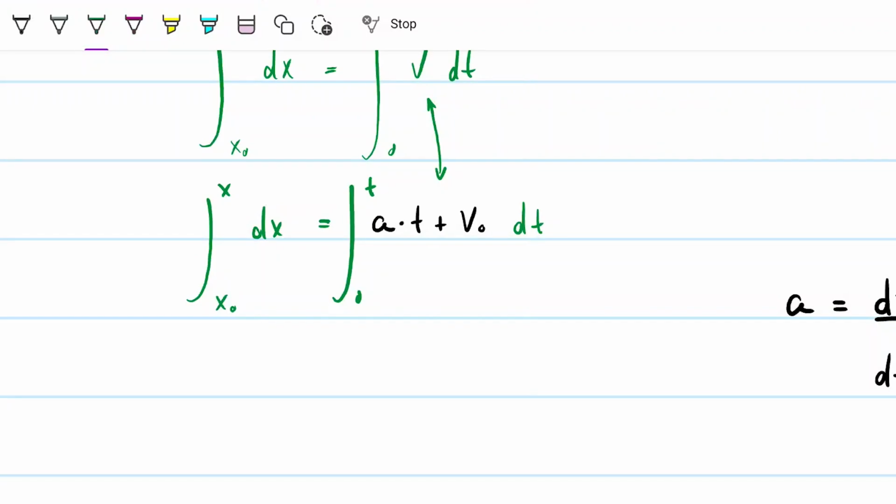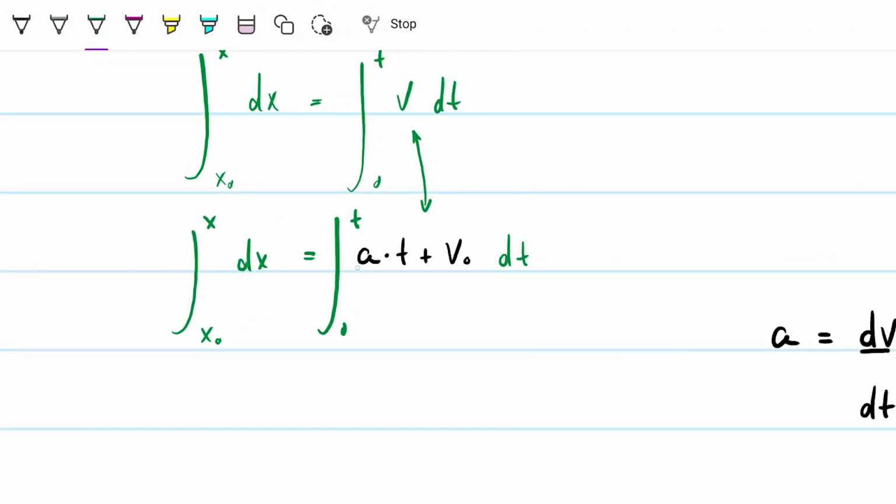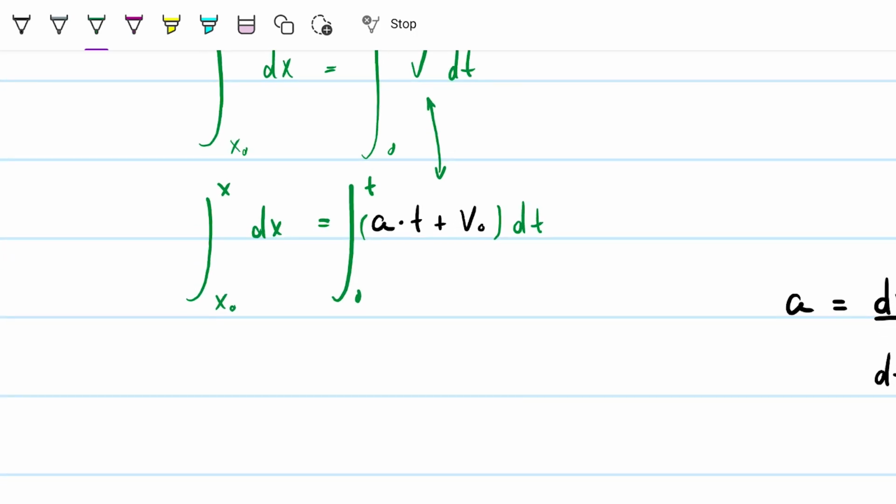Okay, and now this integral is simple to do. Note that we're now multiplying the sum here by dt, so we're going to have to expand on this. On the left-hand side, this is just going to be x minus x naught. And on the right-hand side, I'm going to have the integral from 0 to t of a t dt plus the integral from 0 to t of v naught dt.